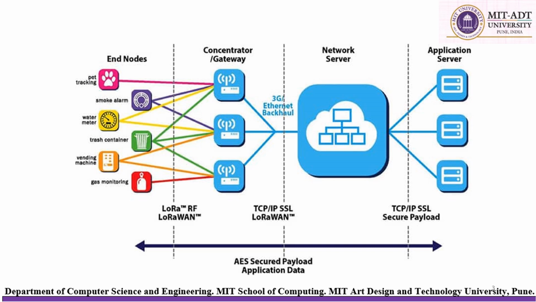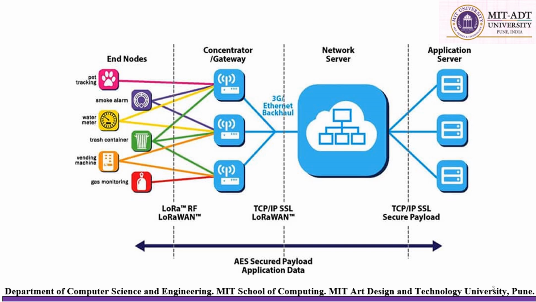Next are the application servers, which are software running on a server responsible for securely processing application data. Whatever data comes from the sensors is processed at this application server layer. End devices communicate with nearby gateways and each gateway is connected to the network server.